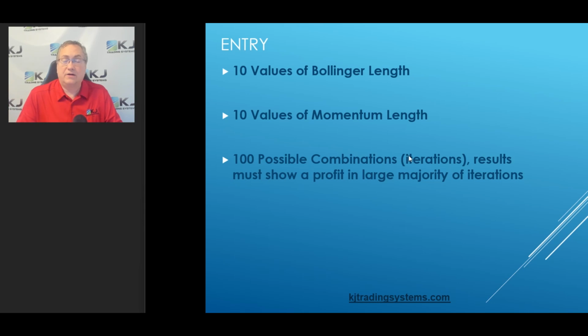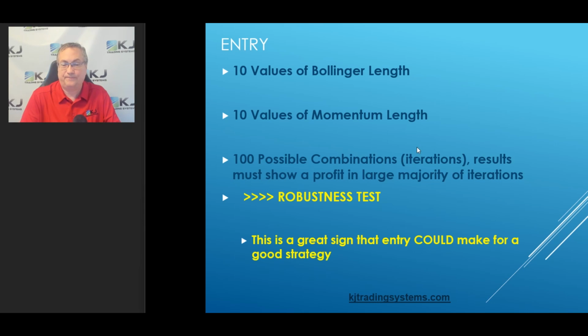So 100 combinations, if one or two of them are profitable and all the others lose money, that's not a good entry. But if 70, 80 of the 100 make money, that's a sign that there might be something to this particular strategy. So it's a kind of a robustness test, and it also just kind of makes sure you're not going down the wrong path with this.